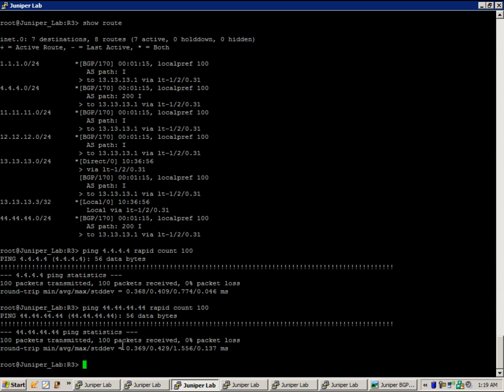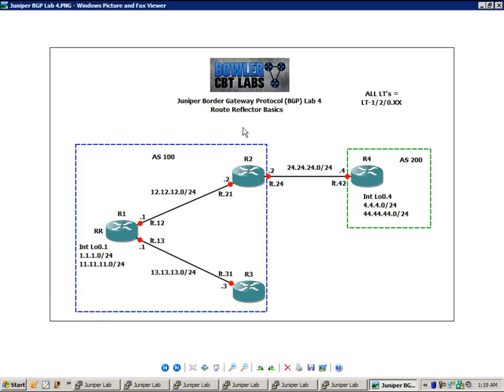So that's the basics of route reflectors, why you would use them, how you would use that, where you would use that. We saw that we used it on router 1, which had reachability to all the other BGP speaking devices or routers in Autonomous System 100.